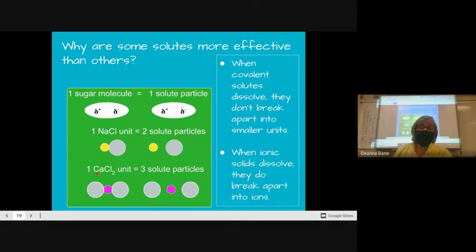Now, if we go down here to calcium chloride, which is made up of a calcium and two chloride ions, once it dissolves, we have three solute particles. And so the salt that they throw on our streets is usually not sodium chloride. It's usually something like calcium chloride because they can get more particles when they dissolve it than if they were to dissolve either the sugar or something like sodium chloride.